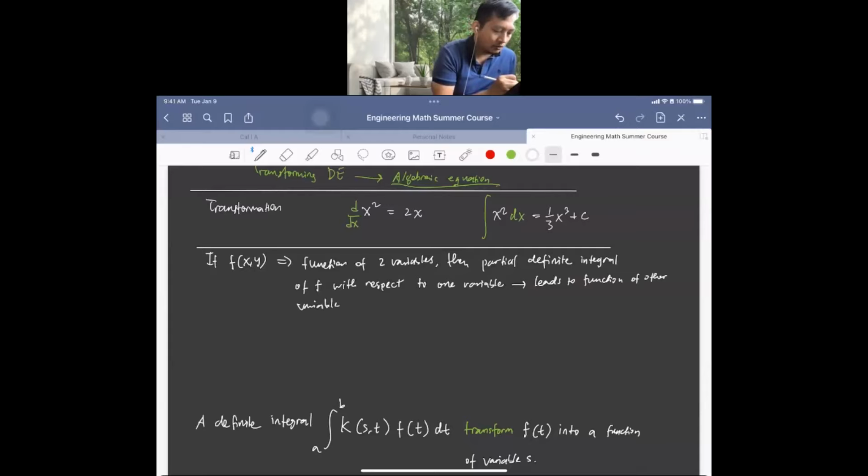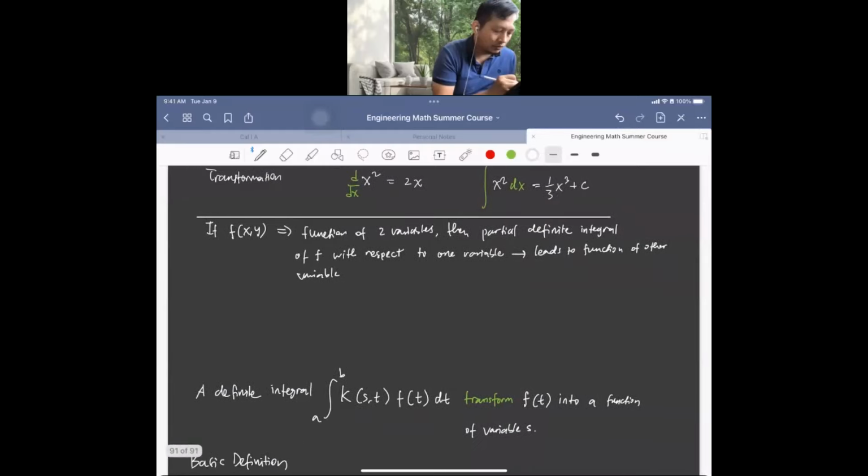Let me give you the idea. If we have the integral from 1 to 2 of 2xy squared dx, what will happen? We can hold y as a constant, like when you do partial derivatives, or like in the previous chapter on exact equations, where we did some sort of partial integration.